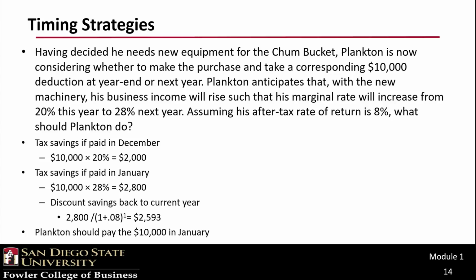Well, if the equipment is paid for and deducted in December, it'll be $10,000 times 20% tax rate, or $2,000. If, on the other hand, they pay it in January, then it's $10,000 times 28%, or $2,800 of tax savings. But then, of course, we need to discount that back. Discounting that savings back means that the present value of that savings is only $2,593. But either way, that's still bigger. And so for sure, Plankton should pay the $10,000 in January.